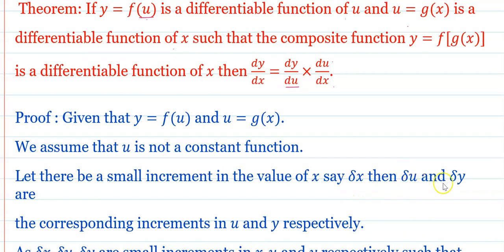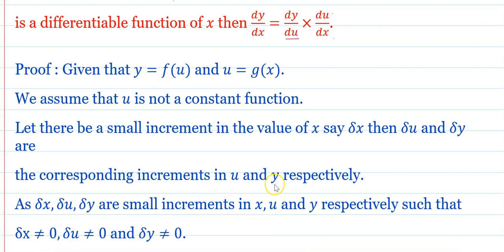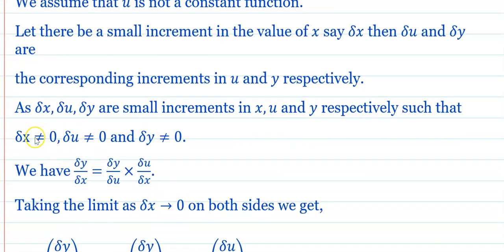Then delta u and delta y are the corresponding increments in u and y respectively. Increments mean a small change. Okay, delta x, delta u and delta y are the small increments in x, u and y respectively, such that delta x is not equal to 0, delta u is not equal to 0 and delta y is not equal to 0.